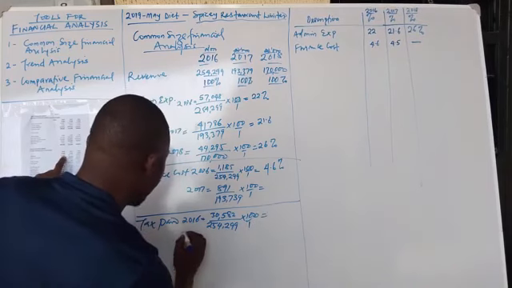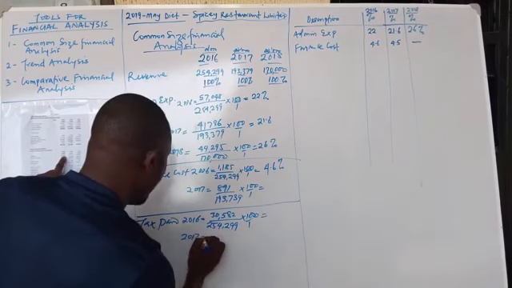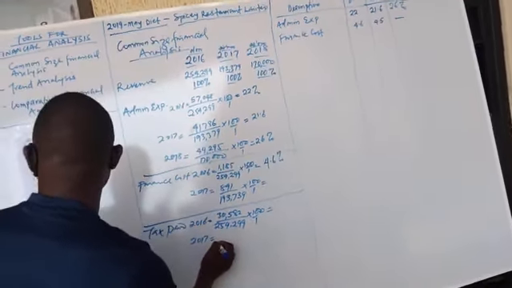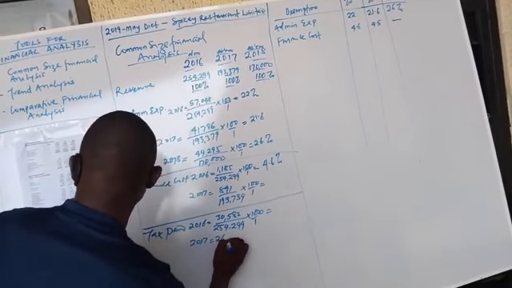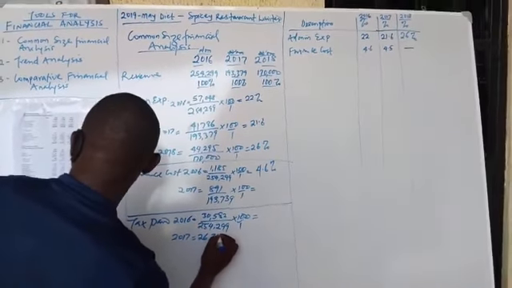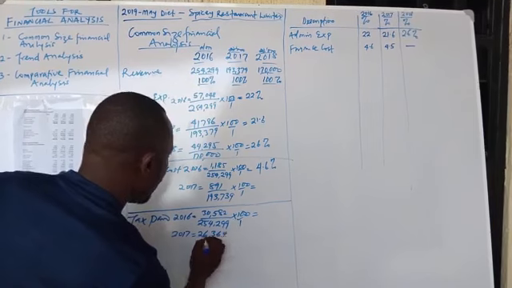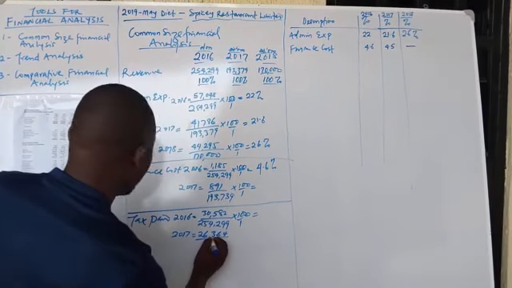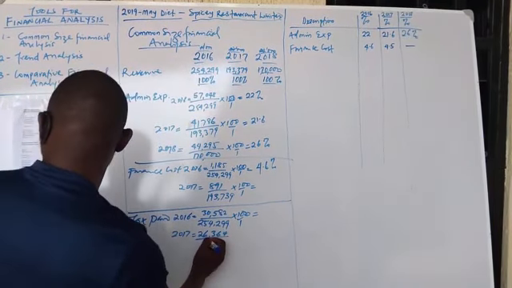This will give you a particular percent. Let's look at 2017 also for tax. 2017 tax was 26,364 divided by the total revenue also.